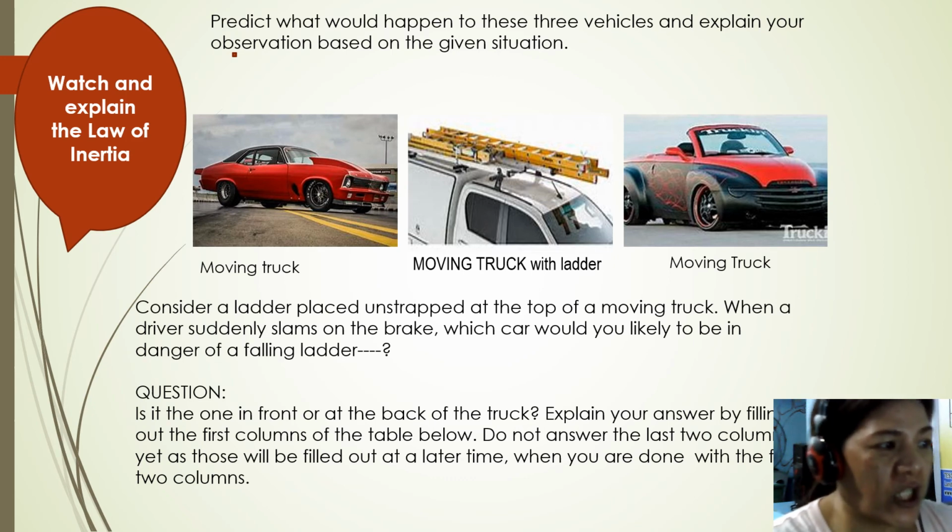Consider a ladder placed and strapped at the top of a moving truck. When a driver suddenly slams on the brake, which car would likely be in danger of a falling ladder? Is it in front or at the back of the truck?